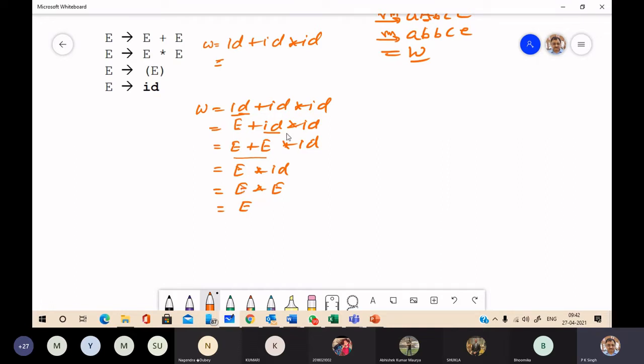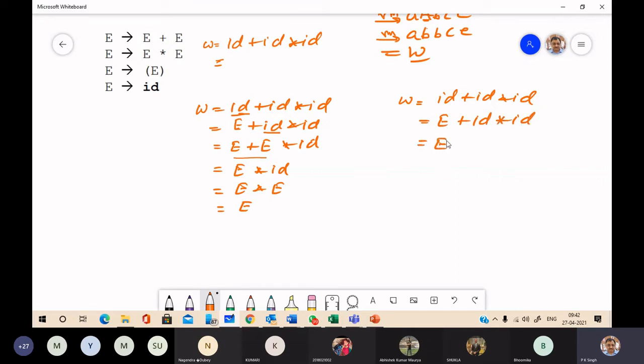See another derivation. ID plus ID into ID. In the same manner, ID is replaced by E, the left side of the production, then ID into ID.